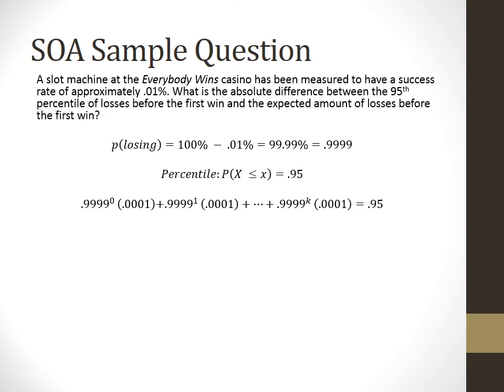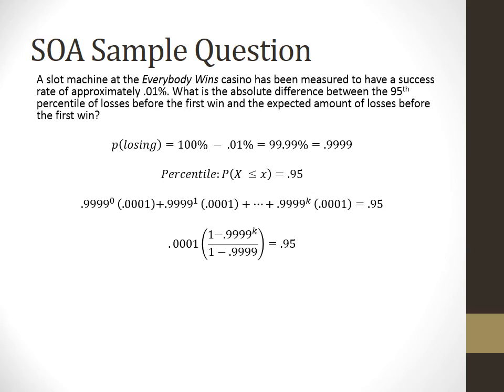You notice the progression of this is following a geometric distribution. So if we pull out some factors here, and then we look at it as a finite sum of a geometric series, then we can just apply that formula. By pulling out the 0.0001, then applying the finite sum of a geometric series formula, we can equate it to this.